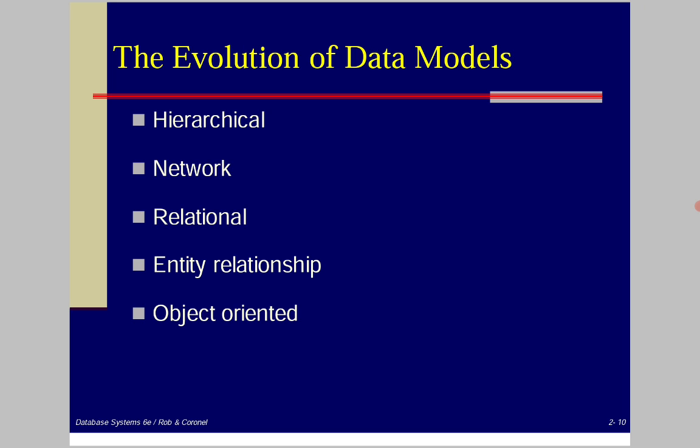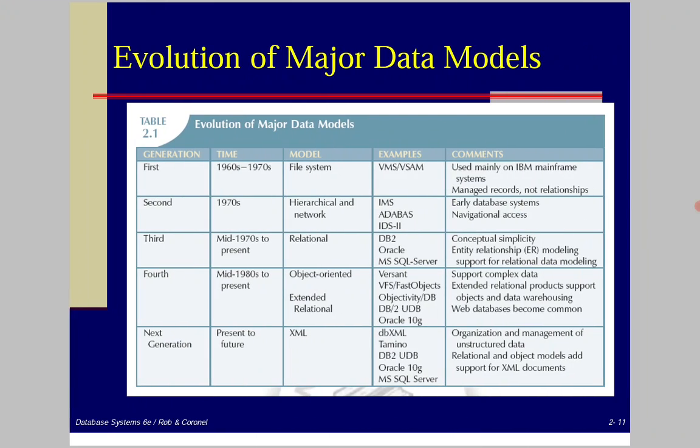First is the hierarchical model, second the network model, third the relational model, fourth the entity relationship model, and fifth the object oriented model. These are the different parameters taken for evaluation of data models.